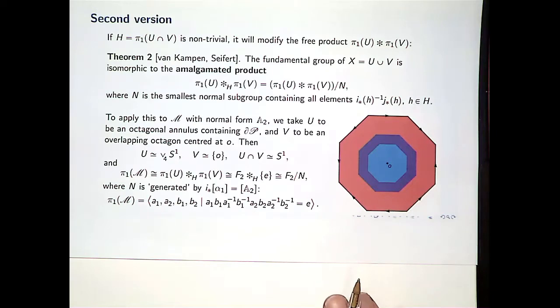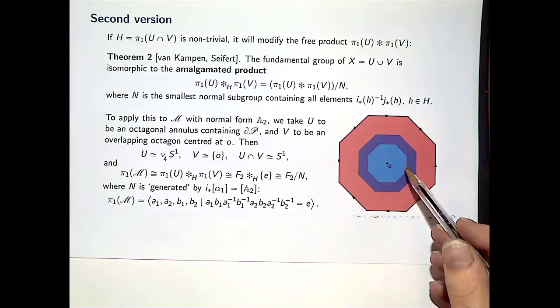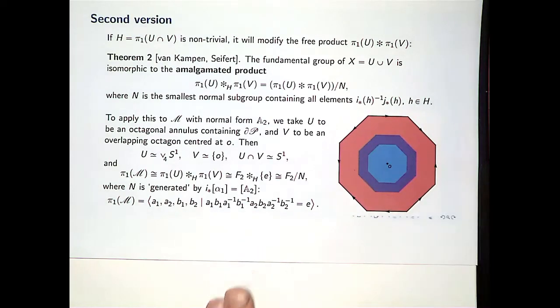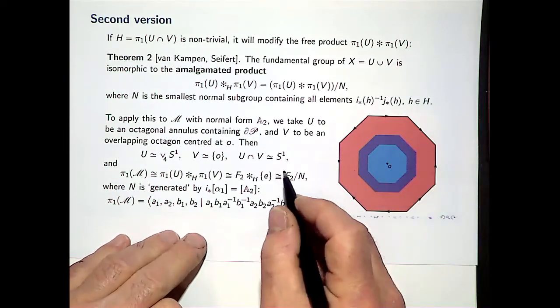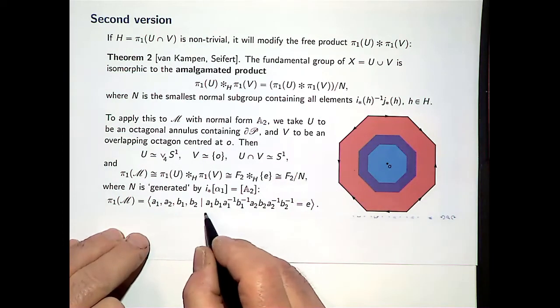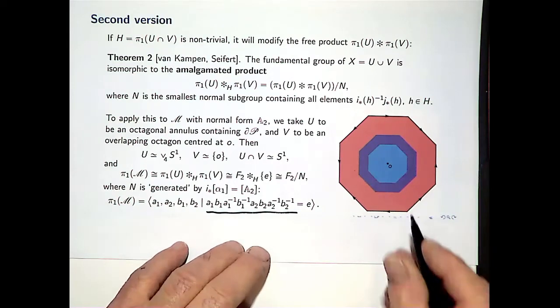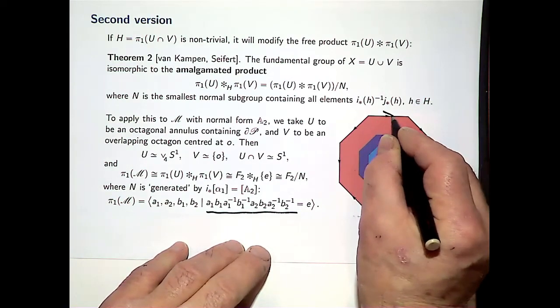So remember, just forget the insides for the moment. Here's the red octagon. The red octagon is the model, or can be the model, for an orientable surface of genus 2. We can get an orientable surface of genus 2 by taking the normal form around the boundary, which is this word here, which means we identify the edges around the boundary.